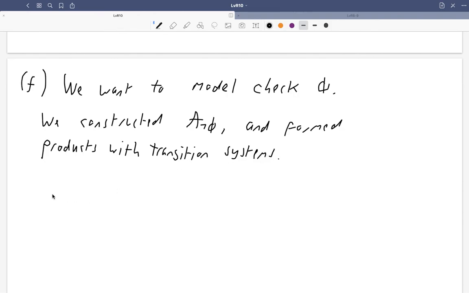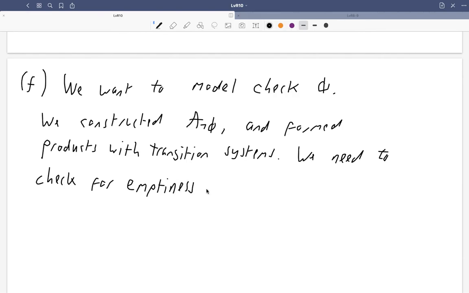So we need to check the emptiness of the product automata. We need to check for emptiness, meaning does the automaton recognize the empty language?